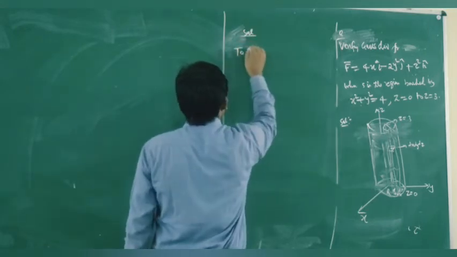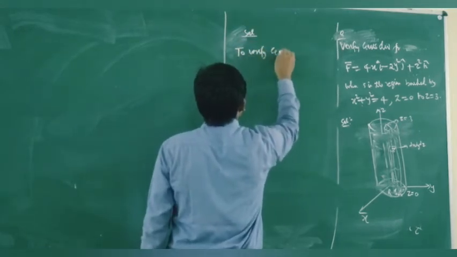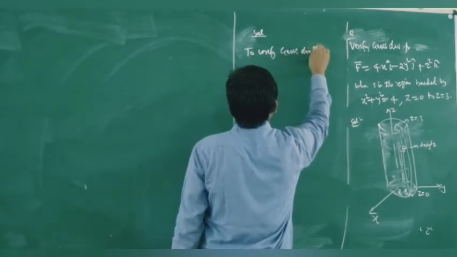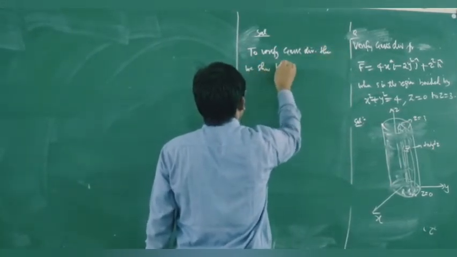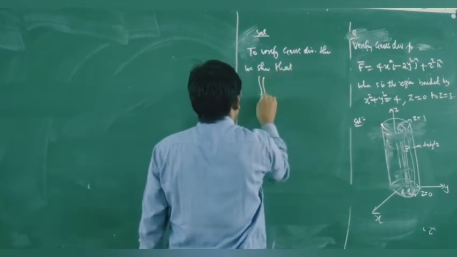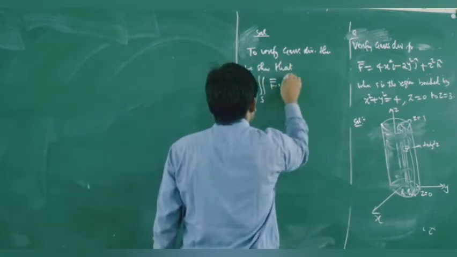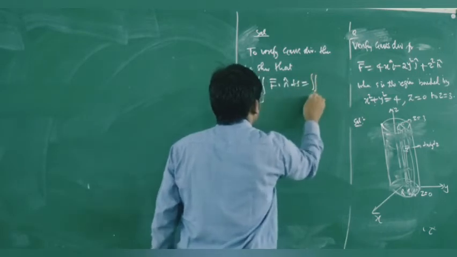To verify Gauss Divergence Theorem, we show that our surface integral is equal to the volume integral.